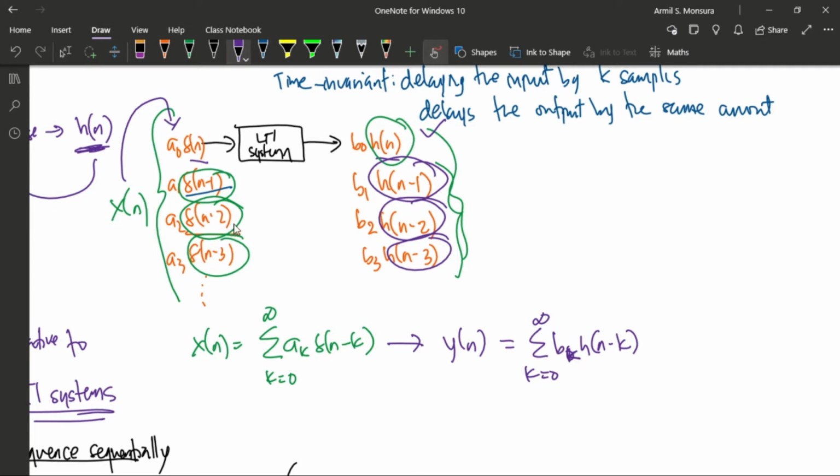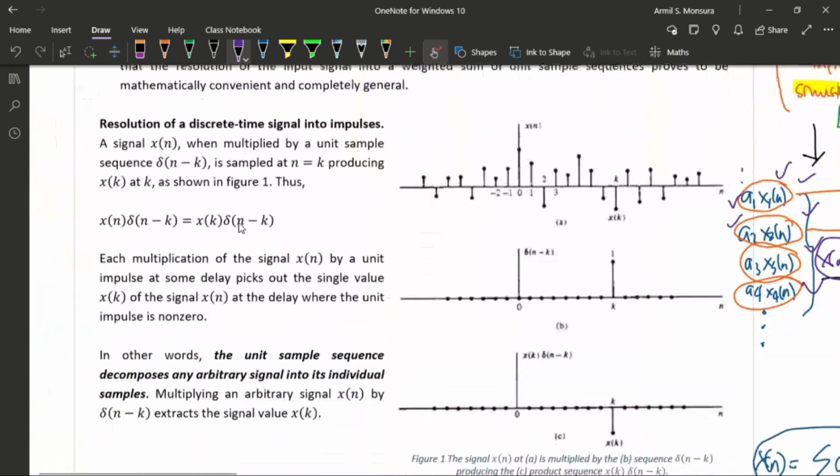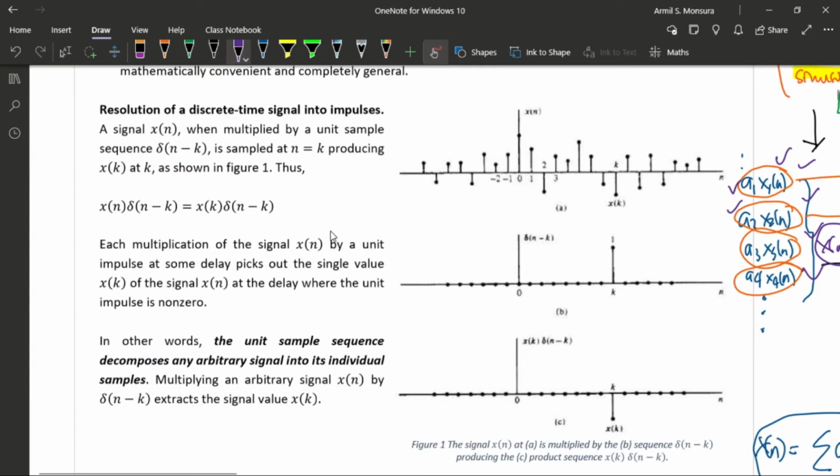Okay? So, yun yung point ng lesson natin. Ito yung point ng next discussion natin, which is the resolution of a discrete time signal into impulses. So, how do we resolve a discrete time signal into impulses?